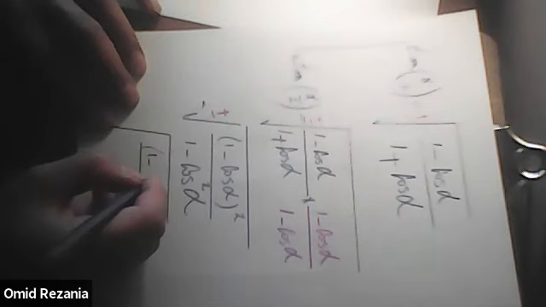I have this expression like that. I have the square root of one minus cosine alpha to the power 2.